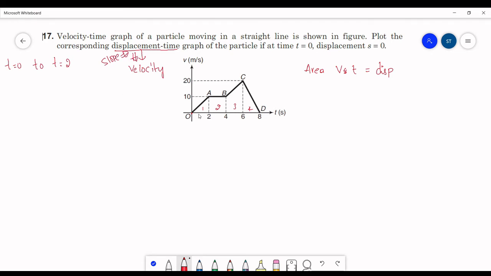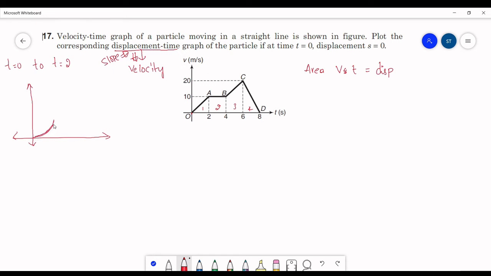So here velocity should be continuously increasing, and the velocity versus time graph is a straight line. So we can say the displacement versus time graph between t equal to 0 to t equal to 2 will be a parabola facing upwards.